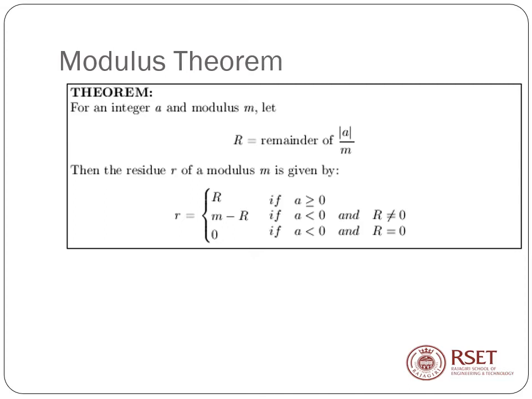Then you take M minus R if A is less than 0. That is, if you are getting a negative number mod M, then you will do M minus this remainder. And it is equal to 0 if A is less than 0 and R is equal to 0. That is, if I am doing 24 mod 4, then the remainder is 0, so the residue also will be 0. So this is the modulus theorem.